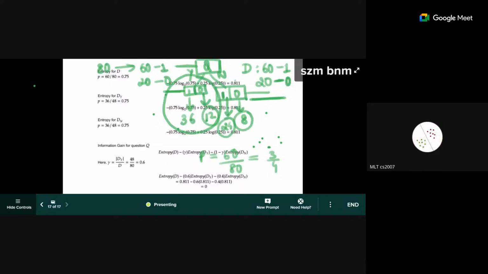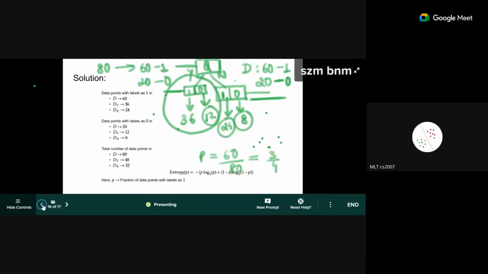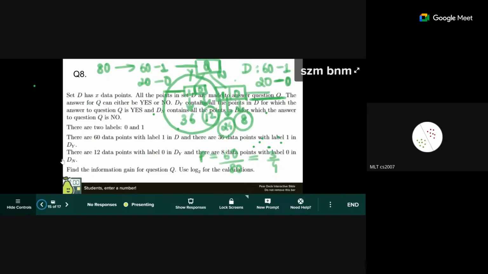If you are given a question and need to find the information gain, this is how you can do it. But you need to be very careful of the data given to you. In this question you need to know at each step how many data points are in the data set, what the labels are, the cardinality of DS, DY and D, and how the labels are distributed in DS and DY.